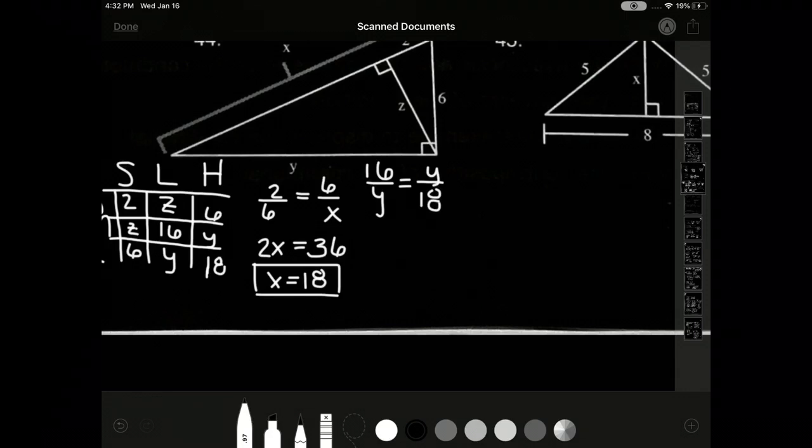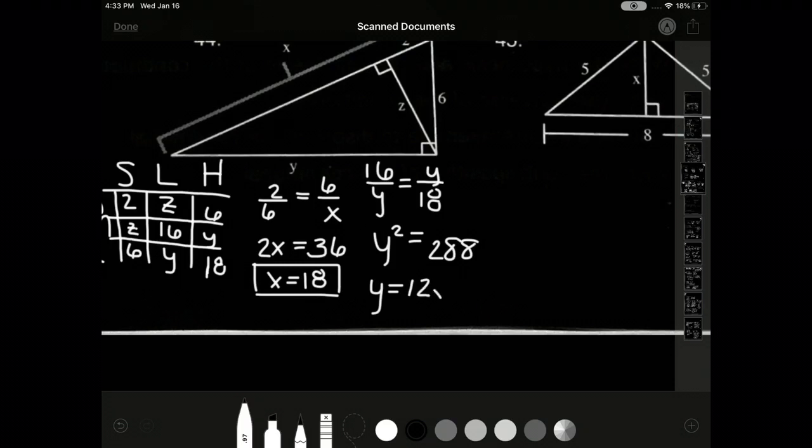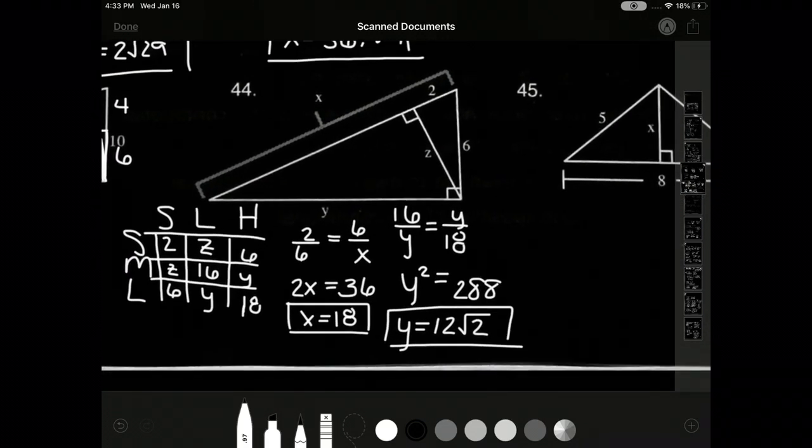All right, now both of these have parts of perfect squares or are perfect squares themselves. So we'll go ahead and we'll actually do the multiplying for this one. So when we cross multiply, we're going to get y squared equals 288. Now 288 is just 144 times 2, and 144 happens to be a perfect square. It is 12 times 12, so we get 12 square root of 2. For z, where can I fit z?